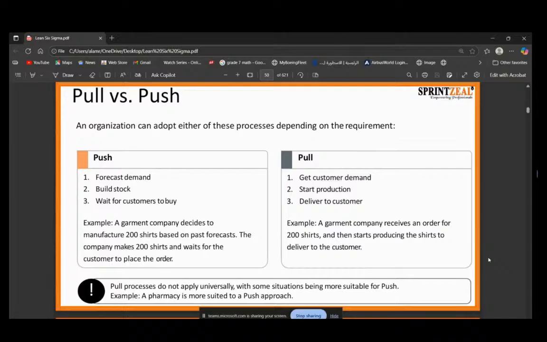Hit enter. Write down 90 minus 52. How much should it be? 38. Write down 38 per person, right?